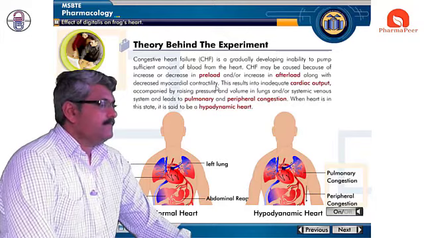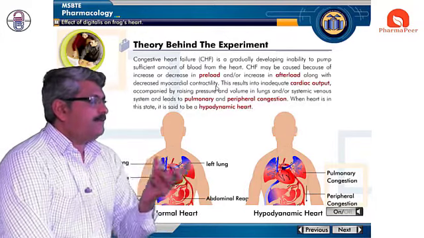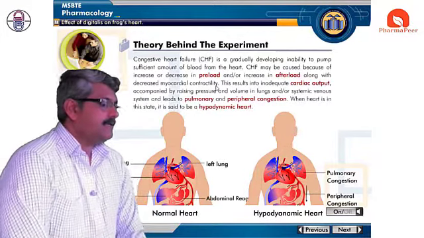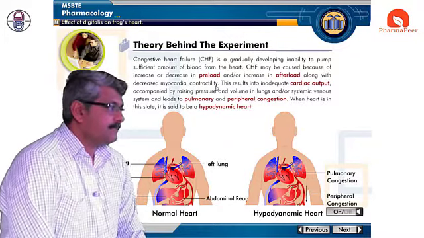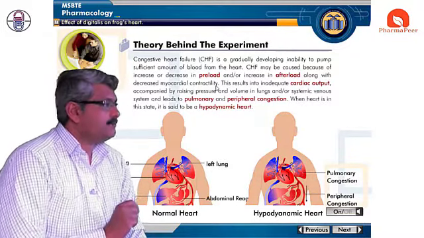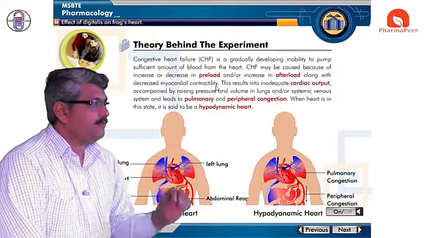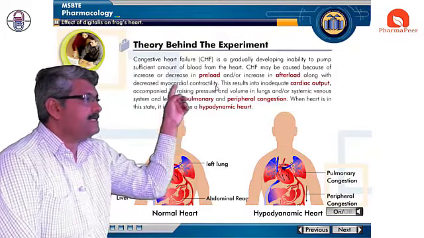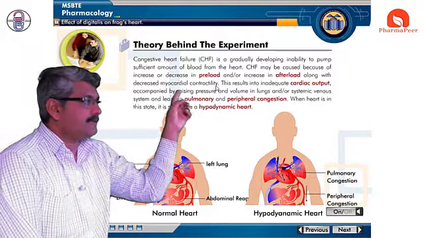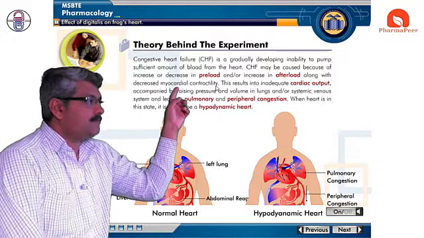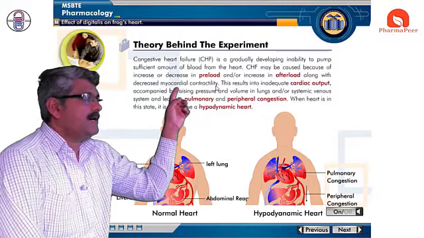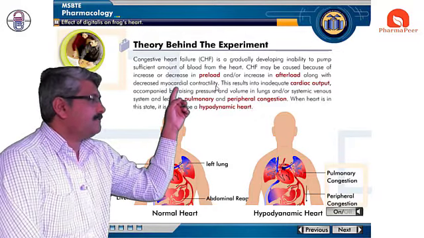So what happens is that this preload and afterload function gets totally disturbed: an increase or decrease in preload, or an increase in afterload, along with, most importantly, a decrease in myocardial contractility. Myo means muscle, and cardial means cardiac muscle.